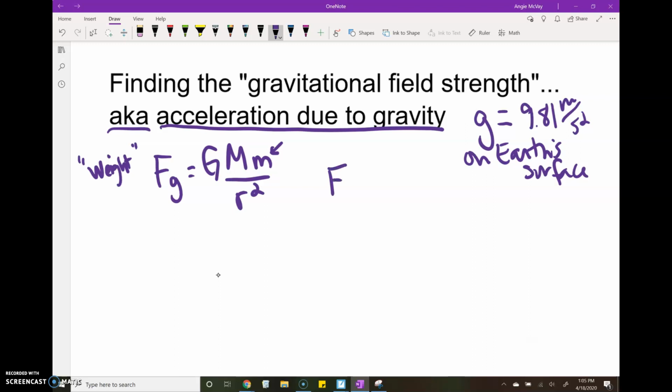This equation that we've been using for weight is still valid. Okay, this little m is the same little m as this one over here. So we can calculate an object's weight at any place in the universe using our universal law of gravitation. And then if we know the mass of an object and the gravitational field strength, we can find the weight that way as well.